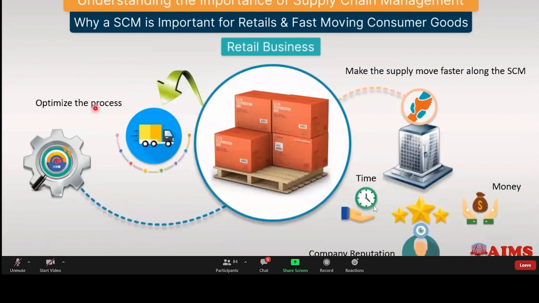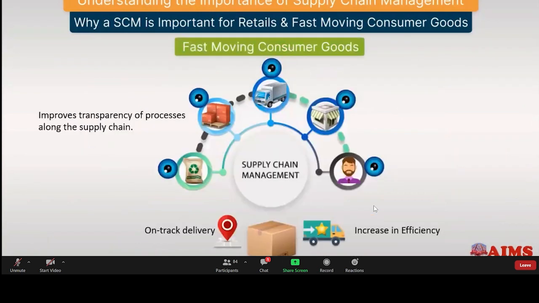And then, upon optimizing the process, we will make sure that supply moves faster along the supply chain. We will improve or save our time, money, and company reputation. Kasi if we serve the product on time, makikilala tayo at the same time, brand natin is mas mabibili or mabibenta compared to the other competitors.